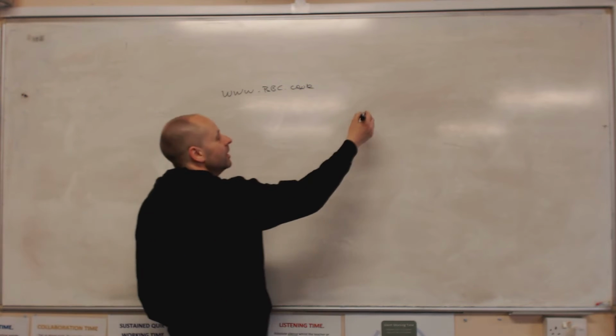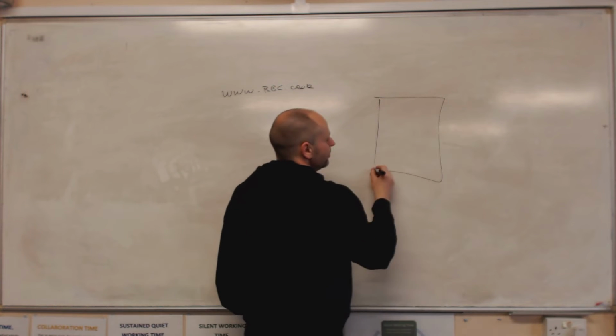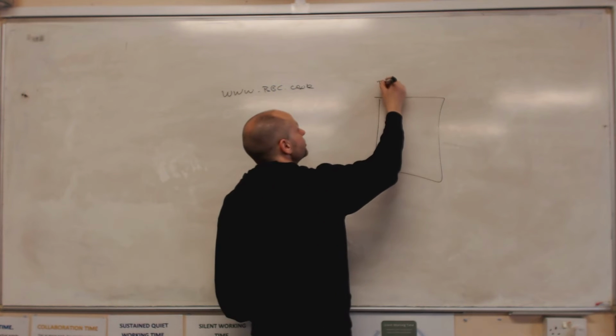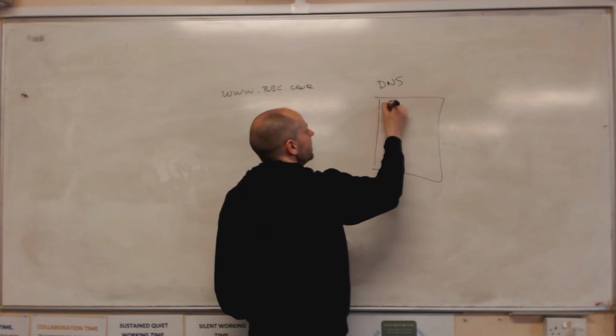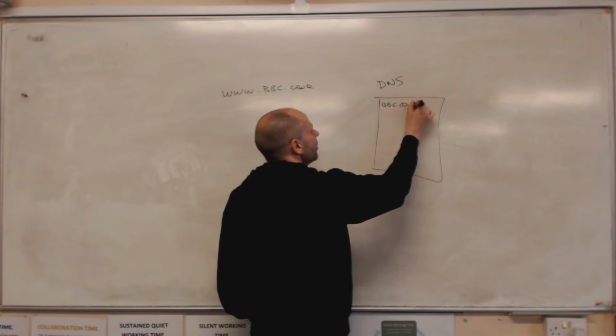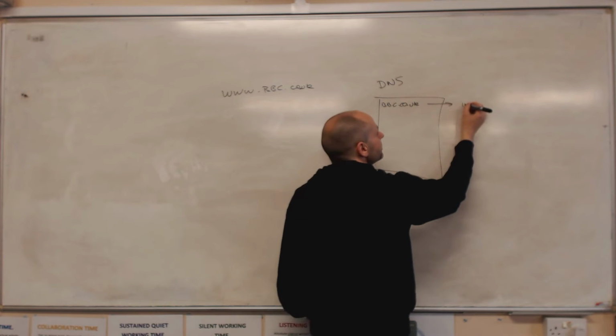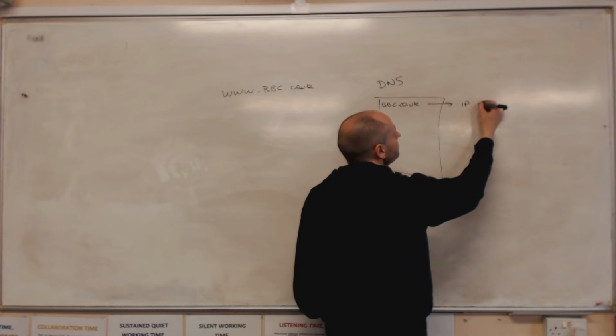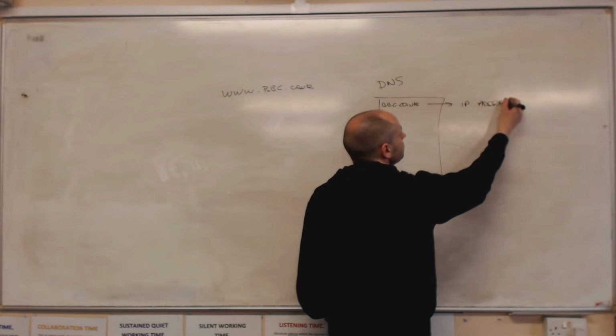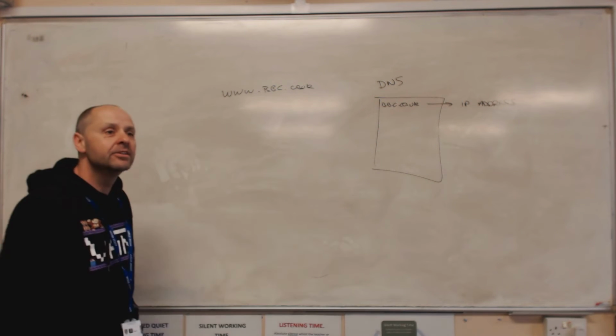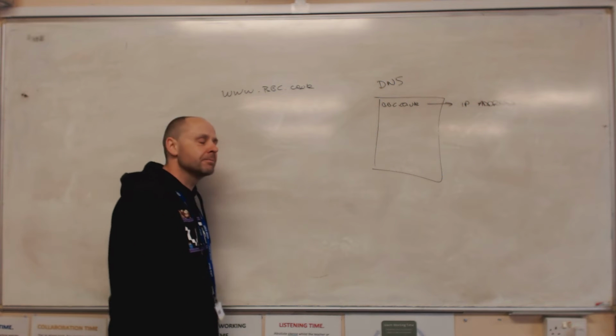That's a domain name. On a computer somewhere, the domain name server, there is a list of all the .co.uk and what the IP address is of that computer that is serving the bbc.co.uk domain.